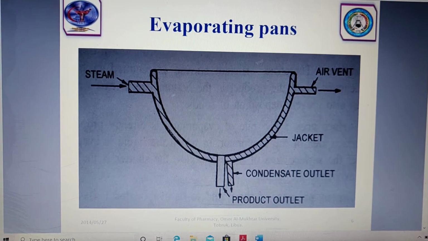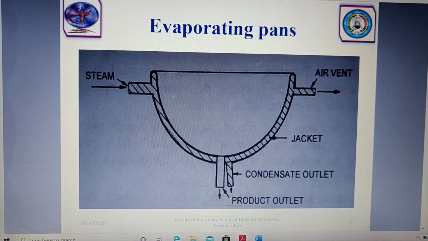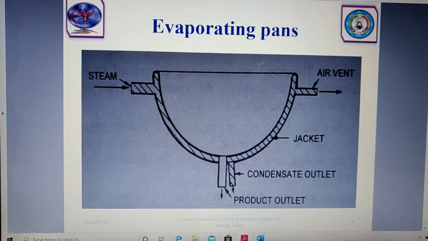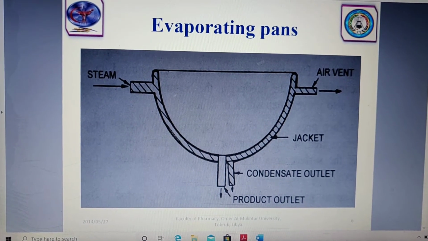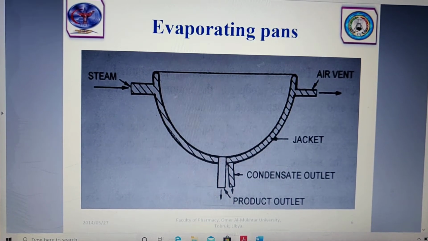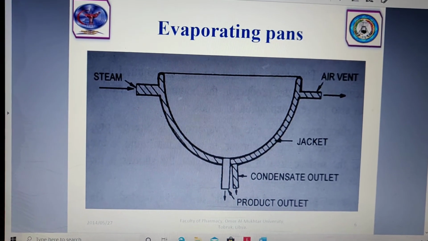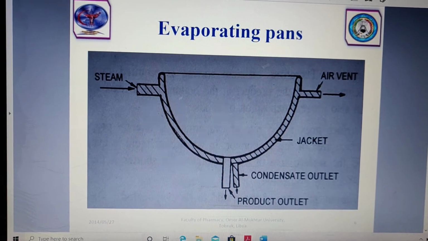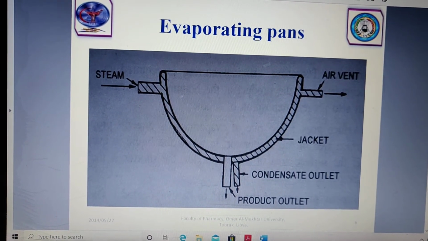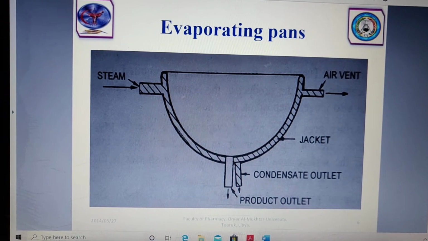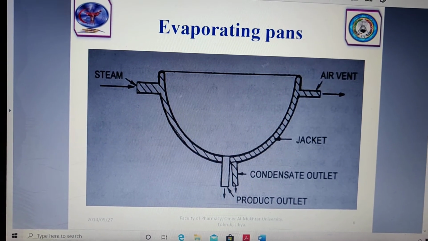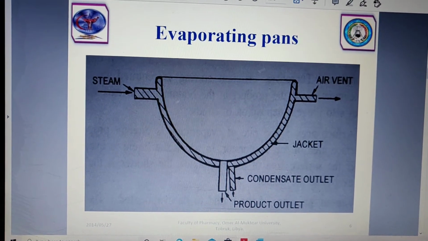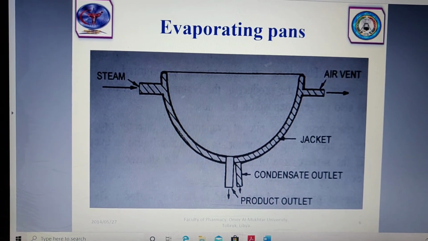So the steam that is allowed to pass in the jacketed kettle, listen, the inside one is the kettle, the outside one is the jacket in which steam is there. The heat gets transferred by conduction or convection. Now you have 3 modes of heat transfer, that is conduction, convection and radiation. We will study in detail how heat transfer works in the next chapter.